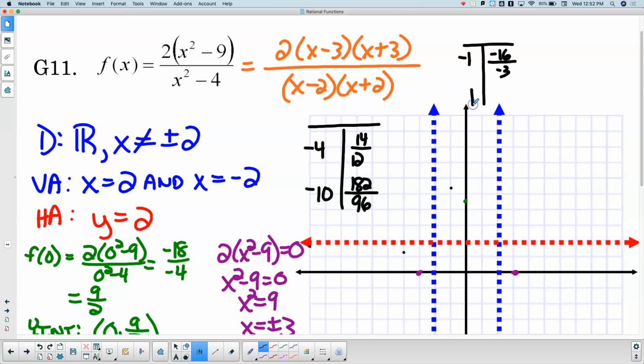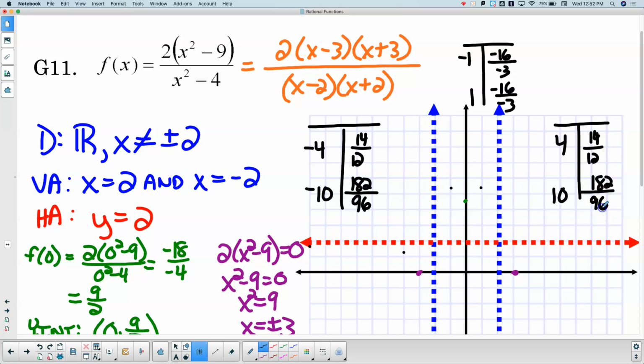And I can do 1, and that's going to be the same thing. Yes? Then I can come over here, and I can do +4, and that's going to be the same thing. And I can do positive 10, and that's going to be the same thing.